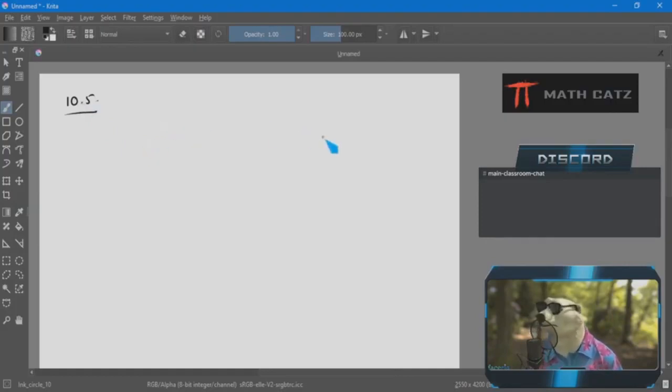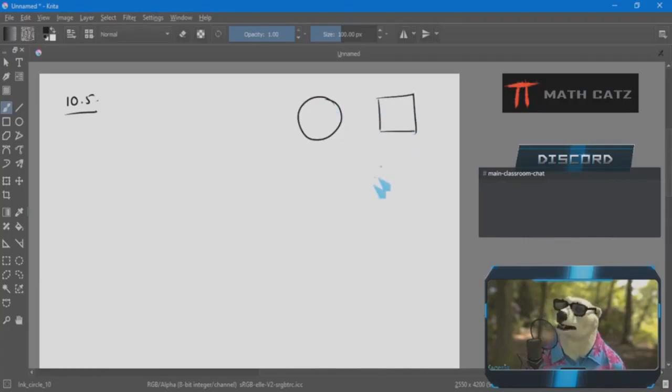So let's just, like before, have a little diagram. There's my circle, and there's going to be my square. What do I need to define here as variables? I'll need to define a radius, let's call it r, and I need to define a side length for the square.